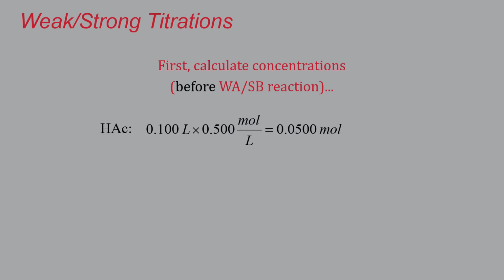So before we did anything, our flask had 0.05 moles of the acetic acid in it, which means its new concentration would be less. This acid was initially contained in 100 milliliters, and we have at this point added 150, hypothetically. So it's a bit diluted, and now the new concentration is 0.2 molar.